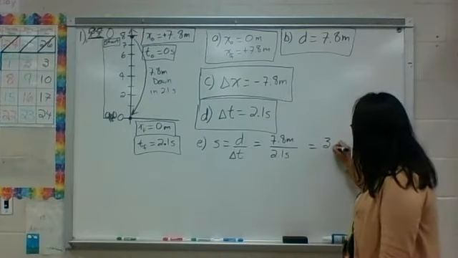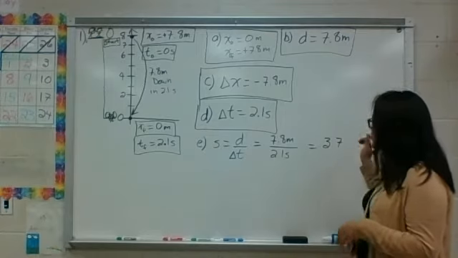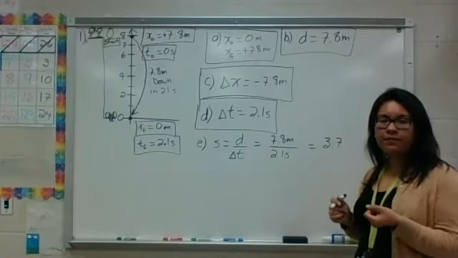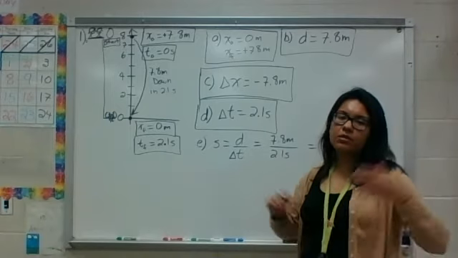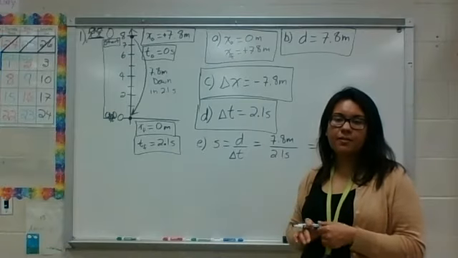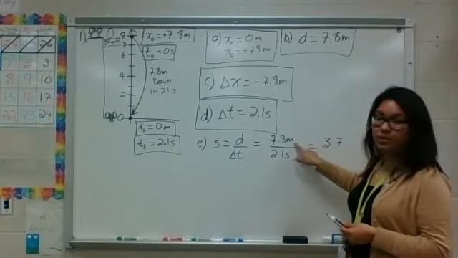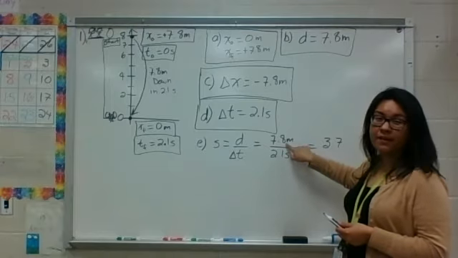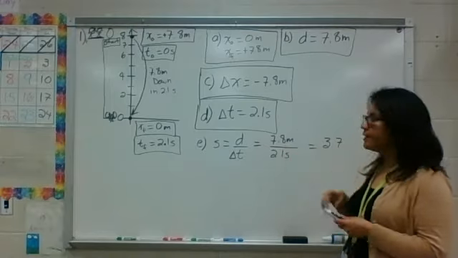3.7 or 3.71 if you want that additional number. In my class, we're usually just going to do one digit after the decimal, but it's really up to you. Don't go crazy and put like 5 or 7 or 10 digits after the decimal, because our input numbers only have one number after the decimal, so it makes sense that we're going to have the same accuracy in our answer.